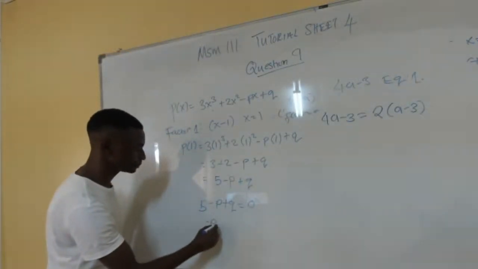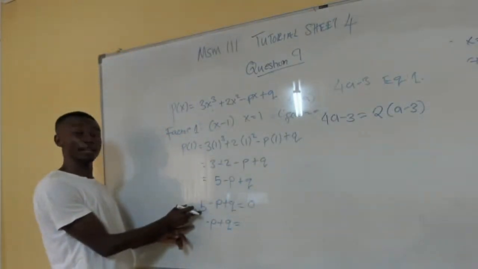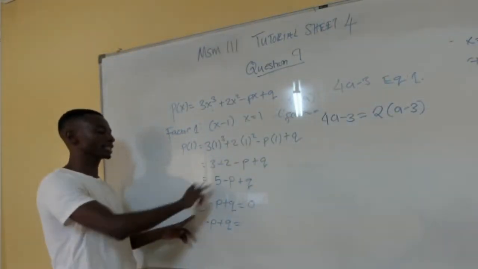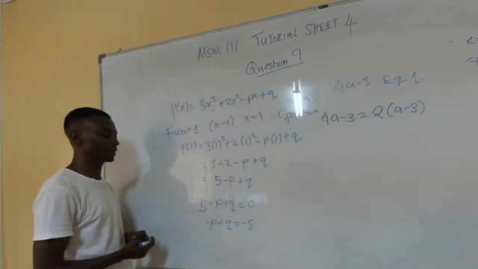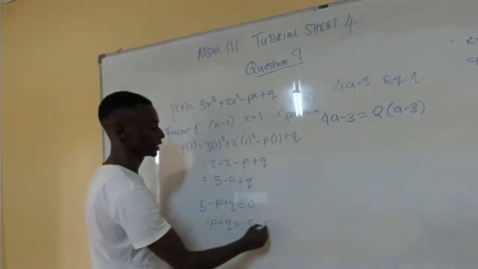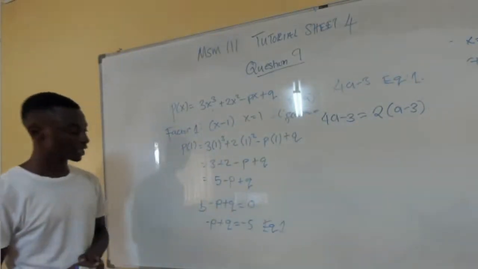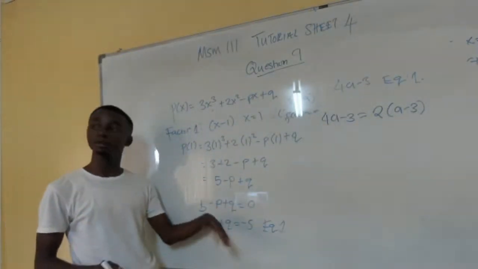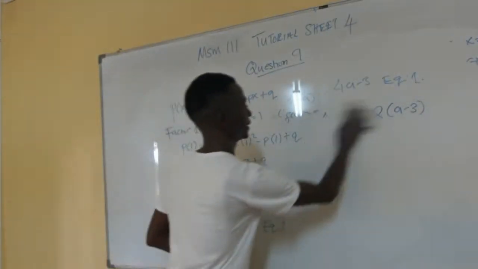We have negative p plus q equal to, this 5 is a constant, so it can cross the equal sign. So we are having negative 5. That's our equation 1. Don't forget to indicate your equation 1.